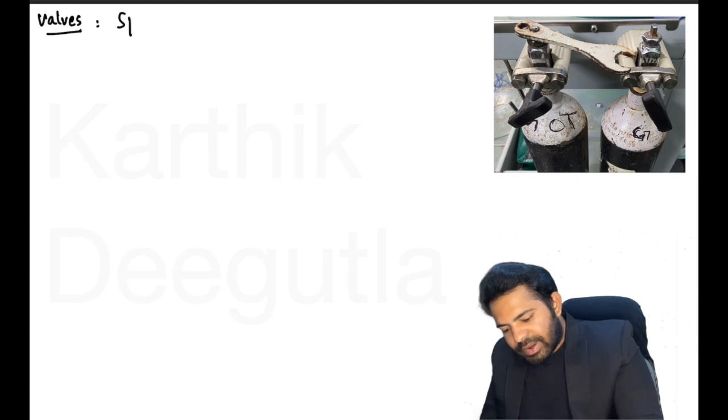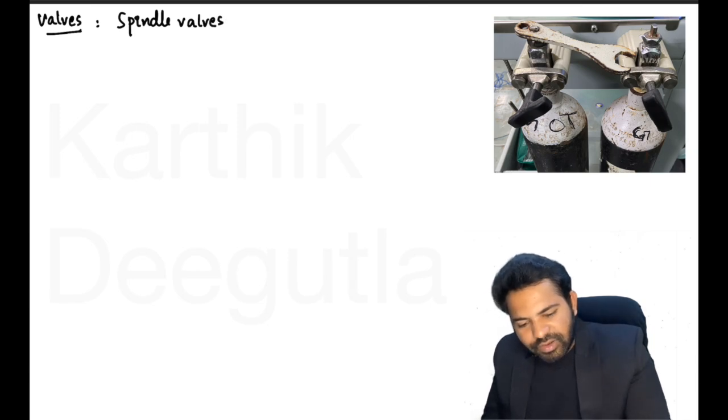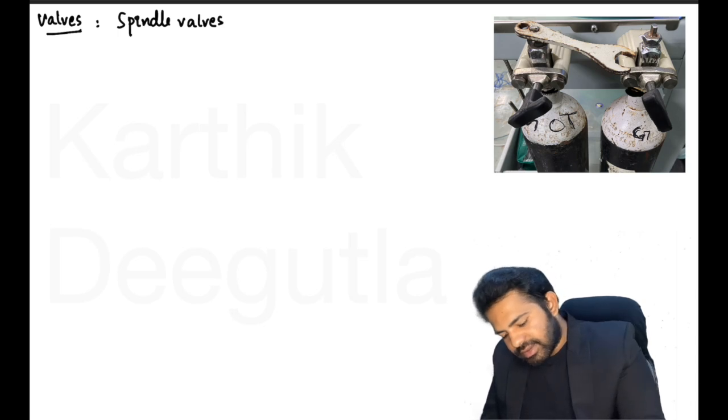Then moving on, we have valves. We have spindle valves. These spindle valves are attached to the neck of the cylinder.